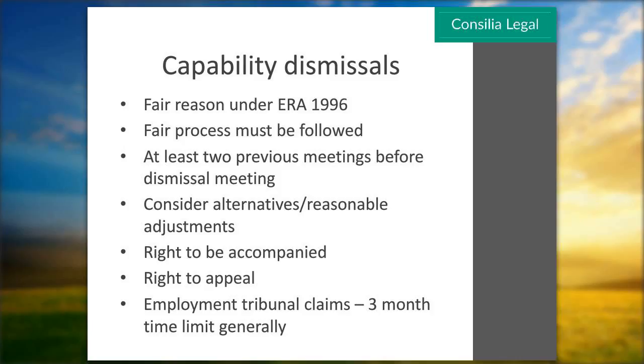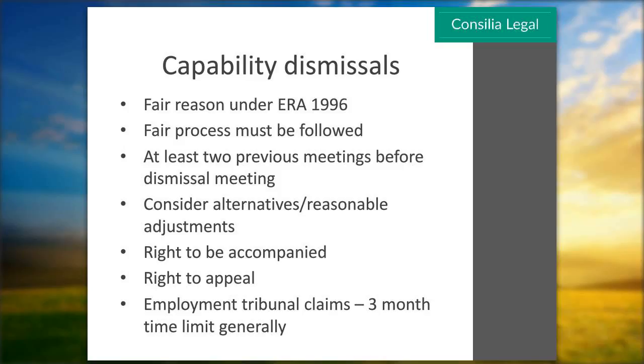It should be all about helping and assisting the employee to stay. Generally a right to be accompanied, particularly at the last meeting. Big policies normally do if you've got a proper warning process, and there's a right to appeal normally at the end of each stage and or at the dismissal stage, obviously, as you would expect.